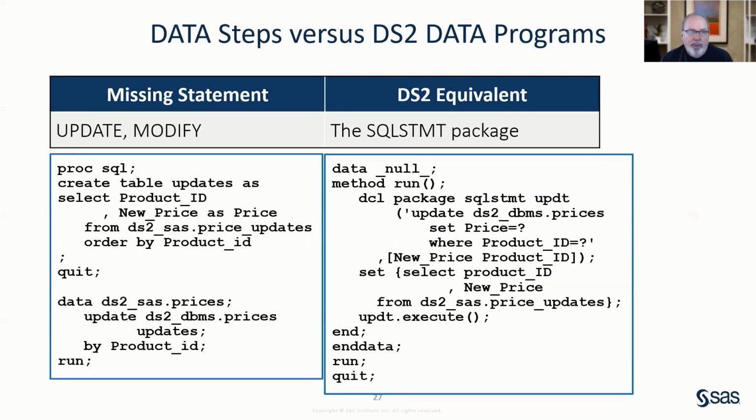In the data step, I'm used to using update and modify statements to modify values of an existing data set with values from a different data set. If you're an ANSI SQL user, you may recognize the fact that's a very difficult thing to do in SQL. Generally, it involves a correlated subquery, which is horribly inefficient as far as resources go.